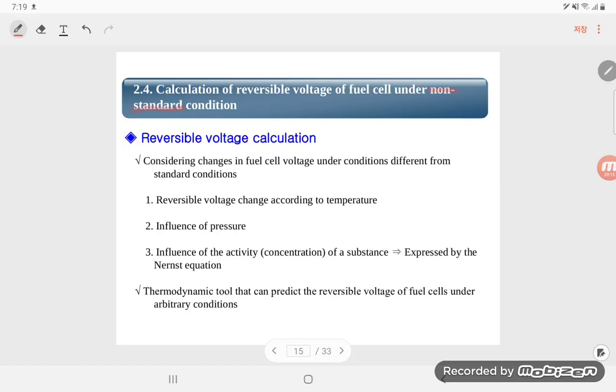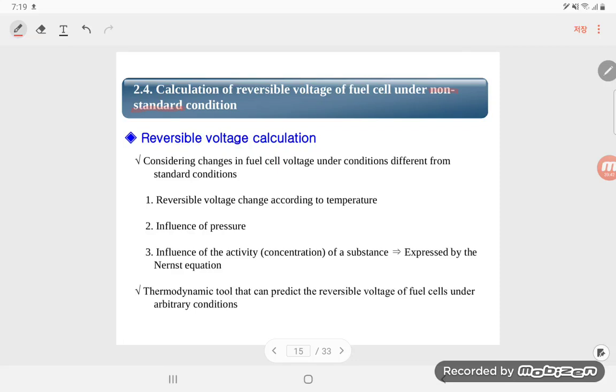Standard condition is ambient pressure, ambient room temperature, right? And the concentration is maintained as 1 mole.